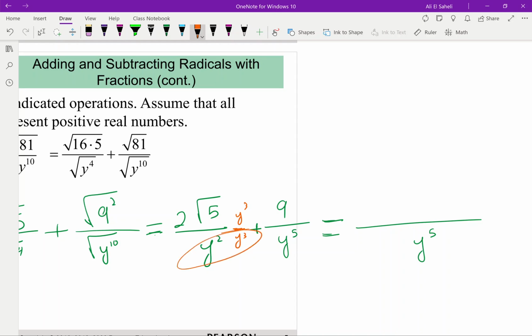This becomes y to the power 5. And we did not change the term because we multiplied by 1. So, 2y cubed radical 5 plus 9. This is now y to the power 5.